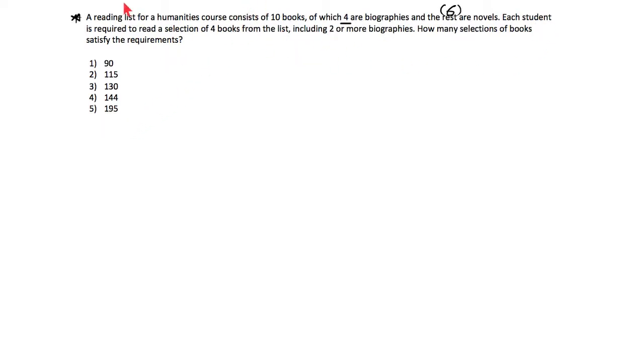Well, we'll first probably have to think about how option 1 is to read 2 bios and 2 novels. That would be reasonable. Another option is the one where you read 3 bios and 1 novel.